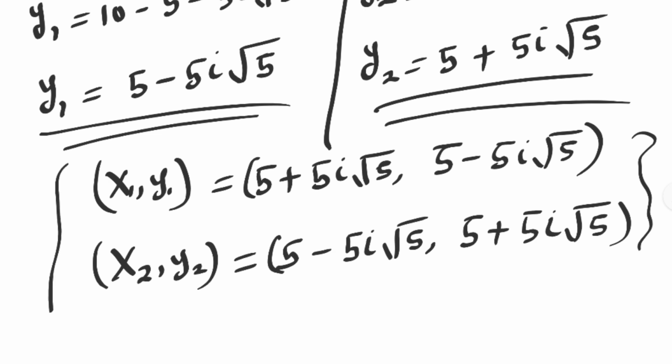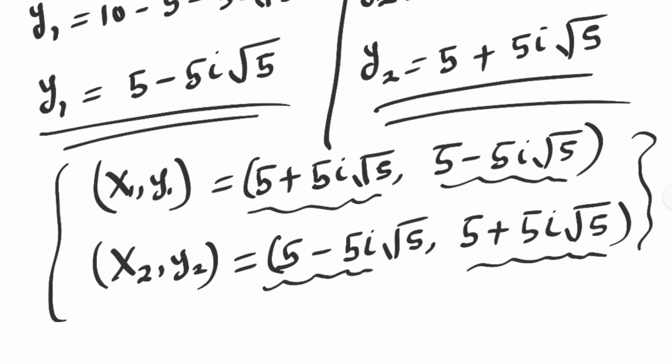These are the final answers. You can see that the value of x1 is equal to the value of y2, and the value of y1 is equal to the value of x2.